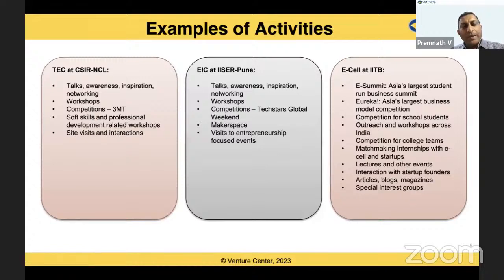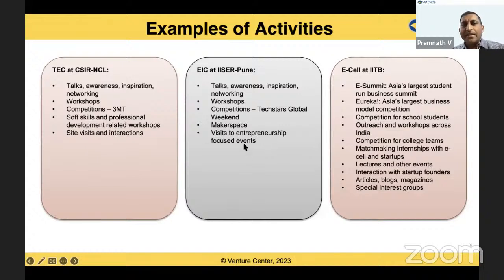Since all of them are PhD students, there was also this 3MT, which is a 3 minutes thesis kind of competition, which was organized by TEC and done very well. And site visits and interactions, right? So these have been broadly the kind of things that an organization like TEC at NCL has been doing.